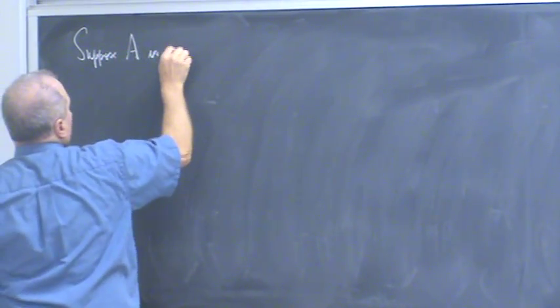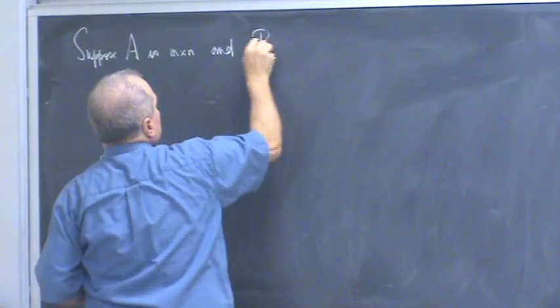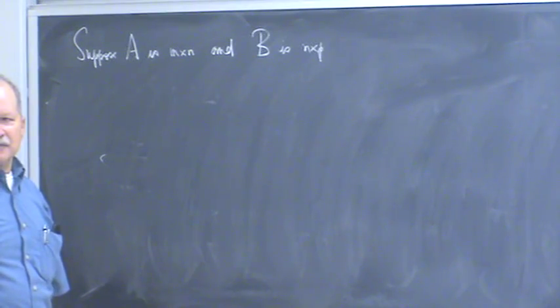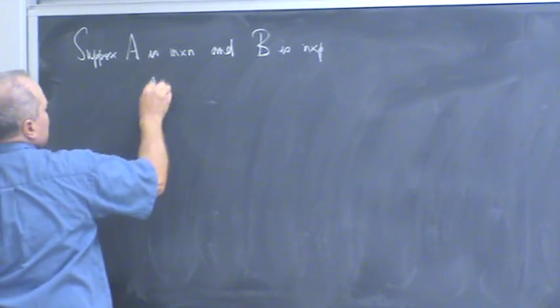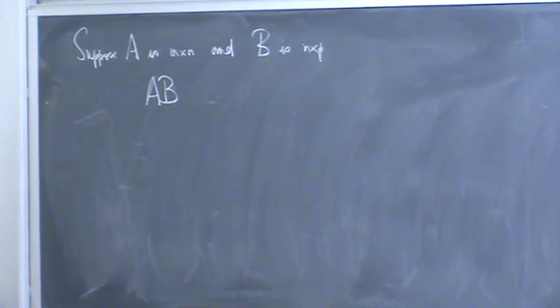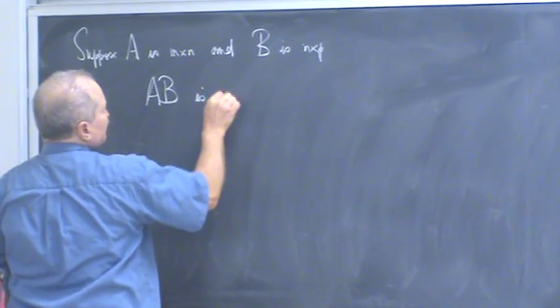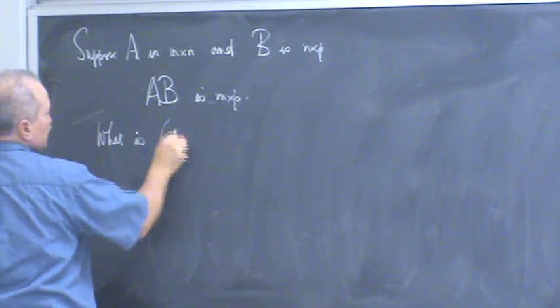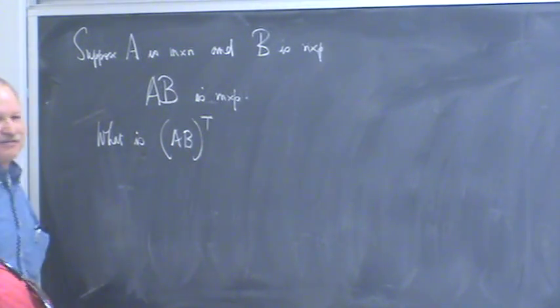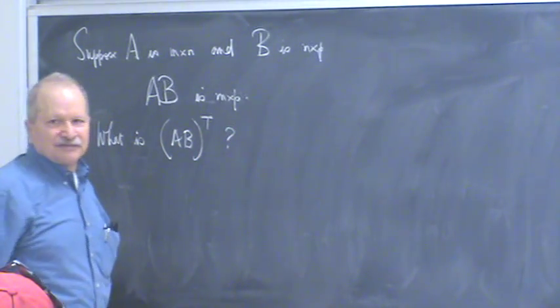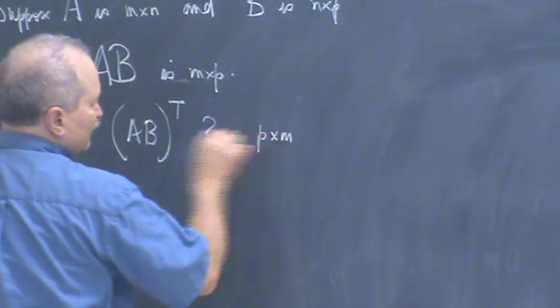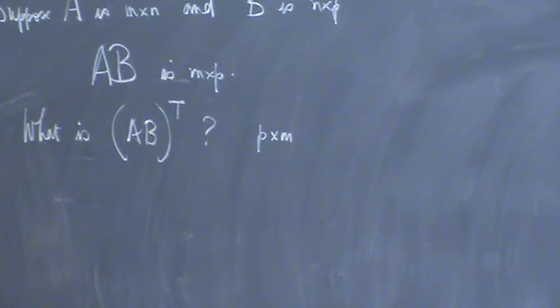Suppose A is m by n, and B is n by p. Then I can multiply A times B. What is the transpose of the product? It's going to be p by m. You think there might be a formula?